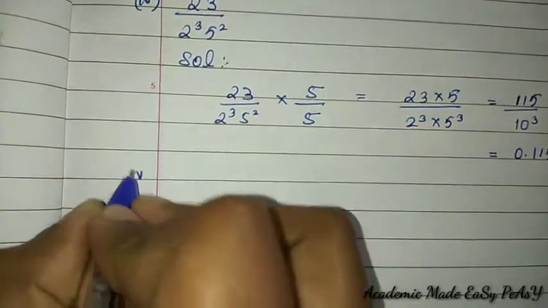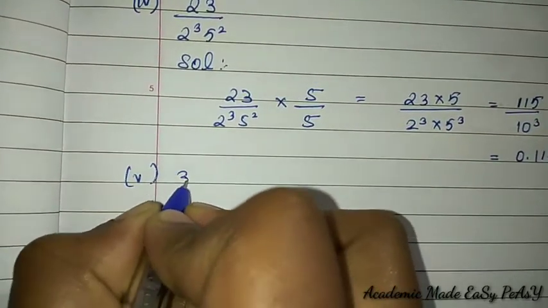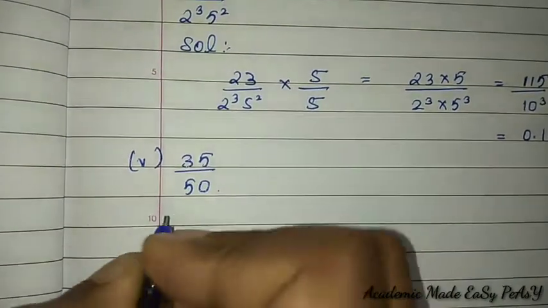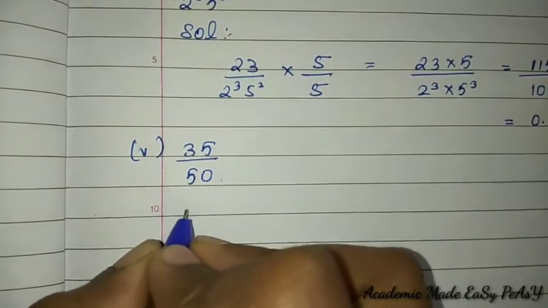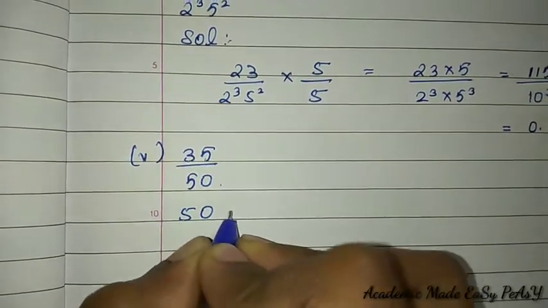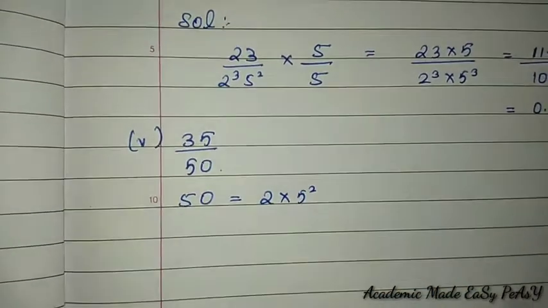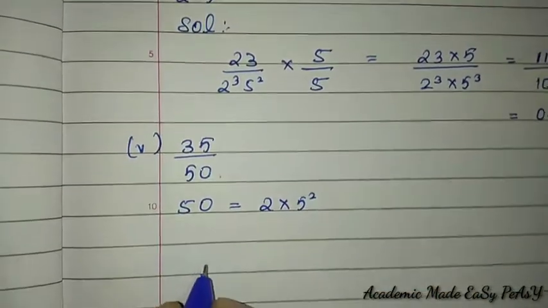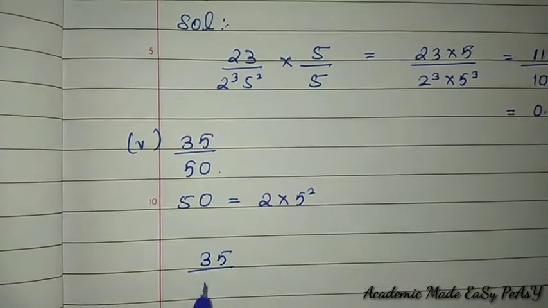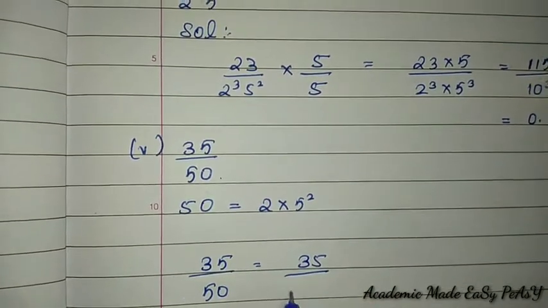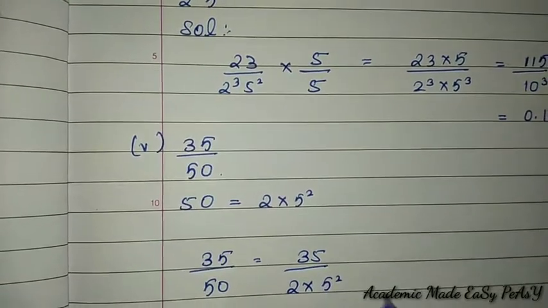Now my fifth subdivision will be 35 divided by 50. So now I will have the denominator's factors as 2 into 5 square. So I will write 35 divided by 50 is equal to 35 divided by 2 into 5 square.